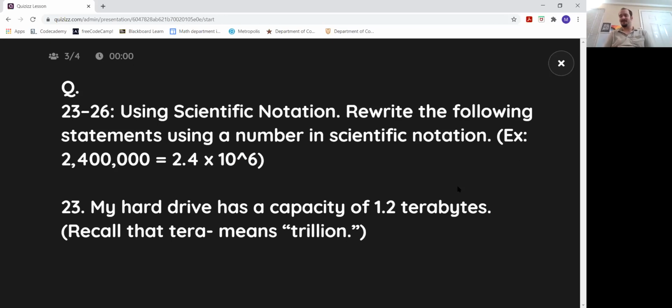My answer's going to be way wrong. I just started typing it and then got my fat finger on the submit button.